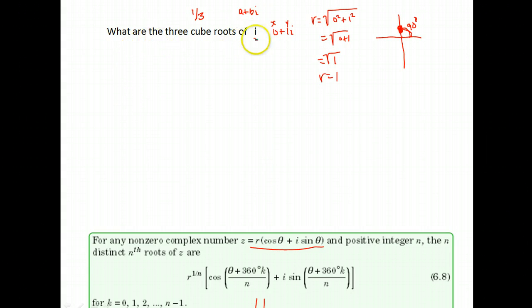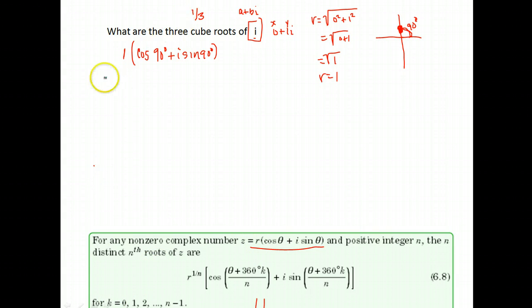So when we write i in trigonometric form, we have r, which is 1, times cosine of our angle, 90 degrees, plus i sine of our angle, 90 degrees. Now our number is in trigonometric form, and we can find the cube roots using our formula.